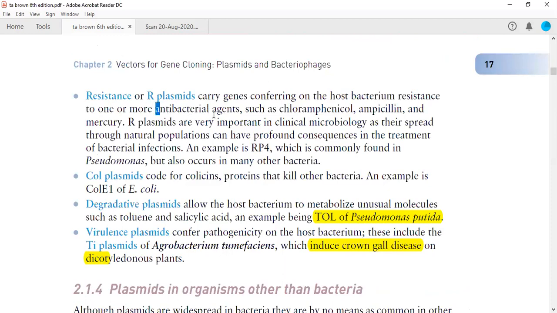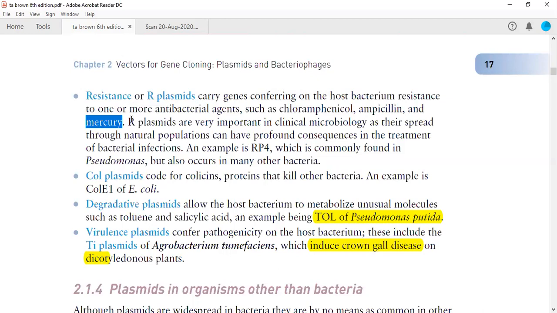So it will protect the bacteria against antibacterial agents, for example chloramphenicol and ampicillin. It may also be possible, not for RP4, but some plasmids will provide resistance to mercury, which is a heavy metal.